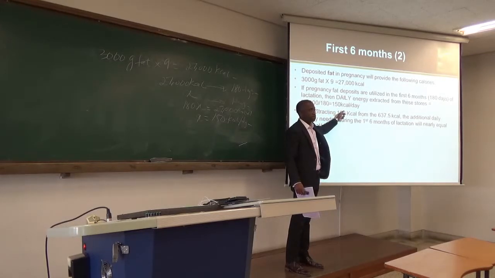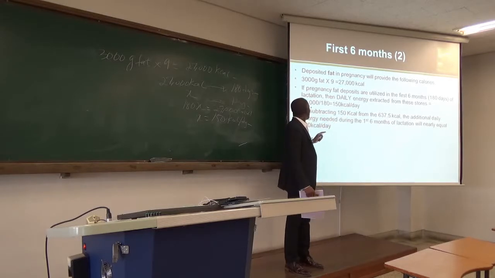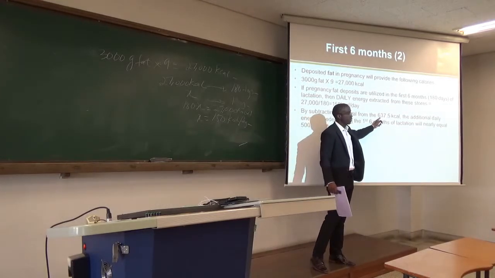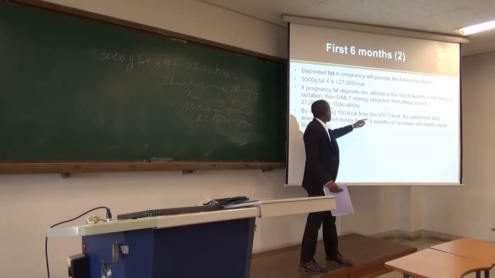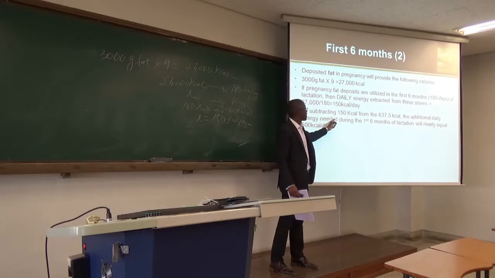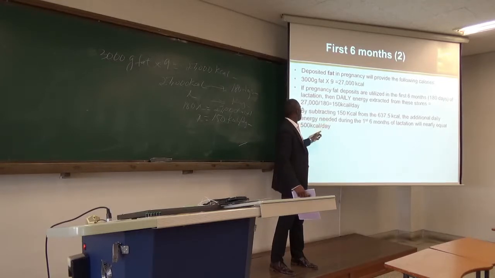Okay? So by subtracting 150 kilocalorie from 637, right? The additional daily energy that I need during the first 6 months of lactation will be around 500. How? Let's come back.